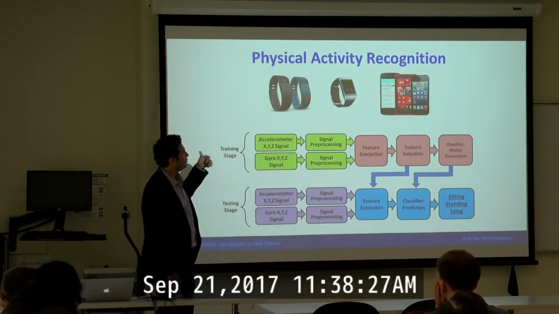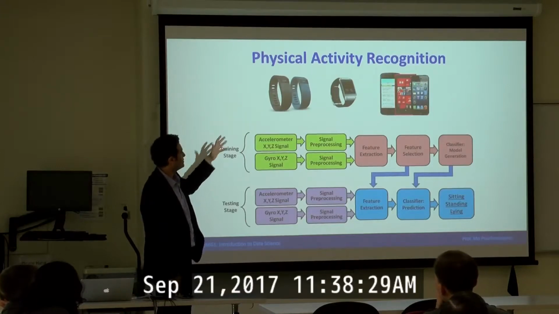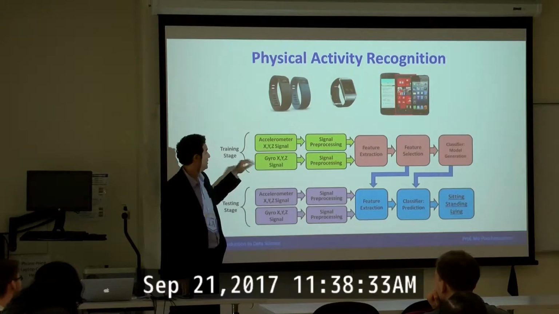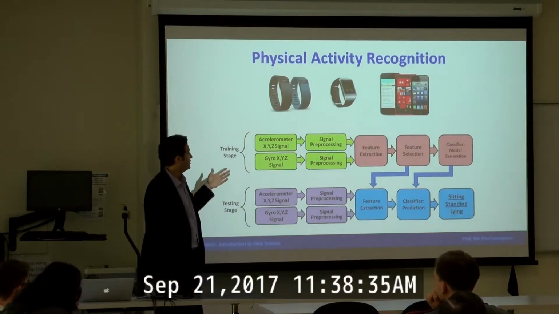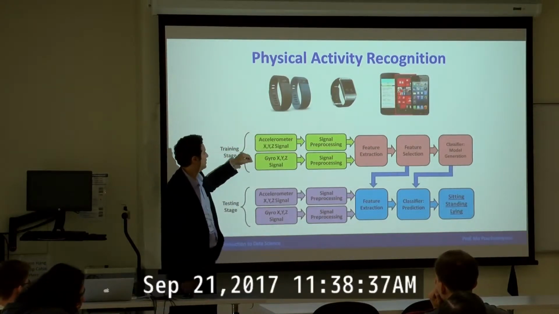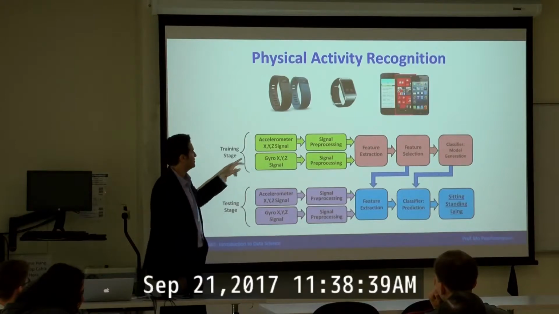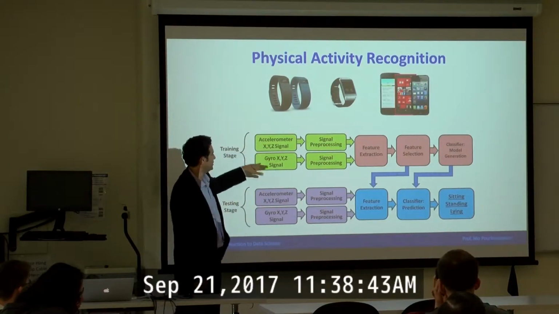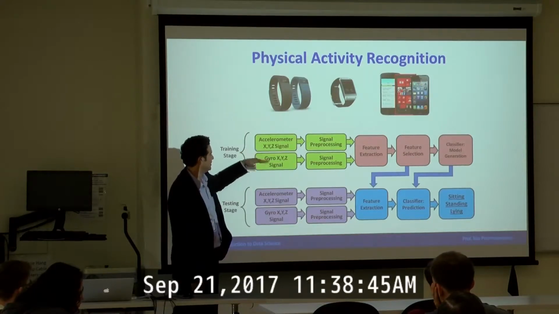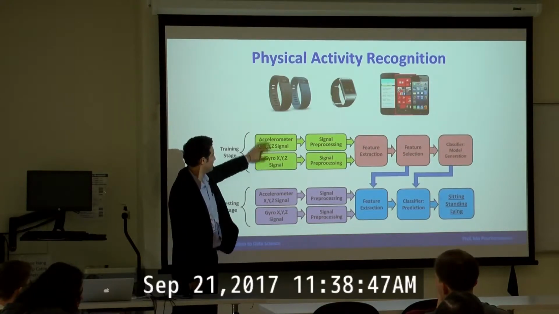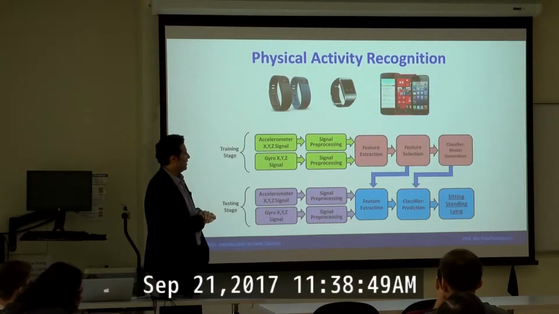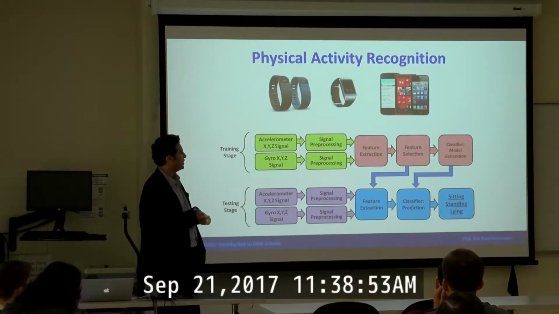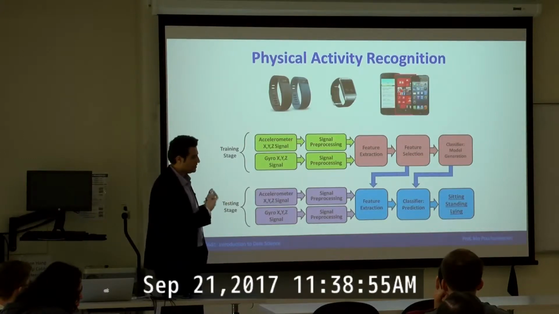Your cell phone or smartwatch has some sensors: an accelerometer and a gyroscope. They give you signals in the X, Y, Z directions for acceleration and orientation, so we have at least 6 signals. These are continuous signals.